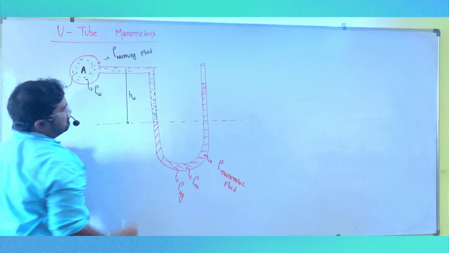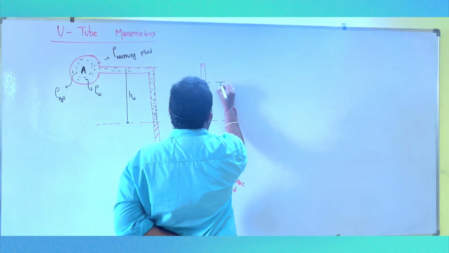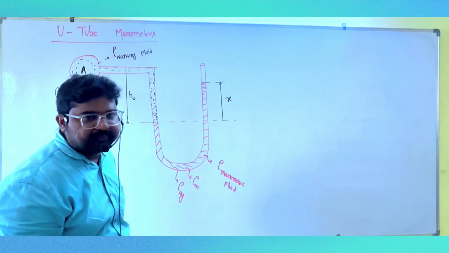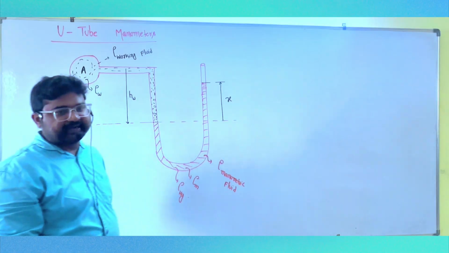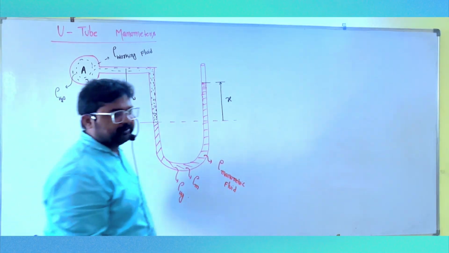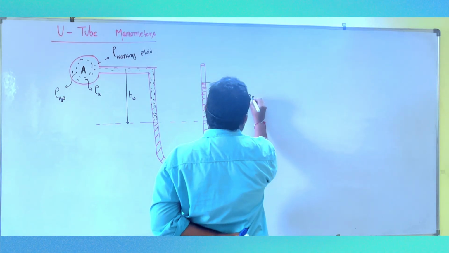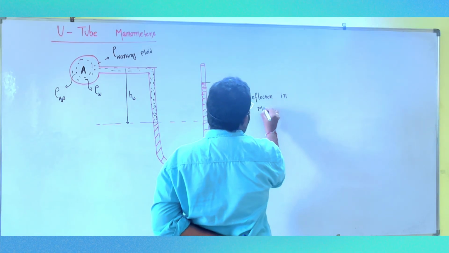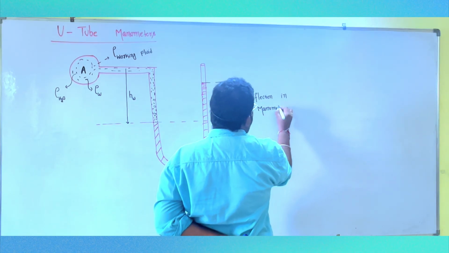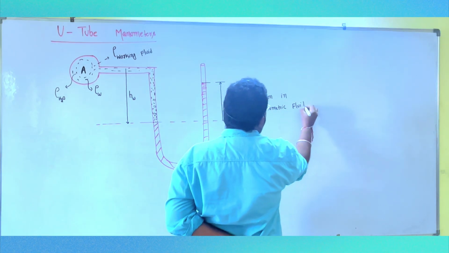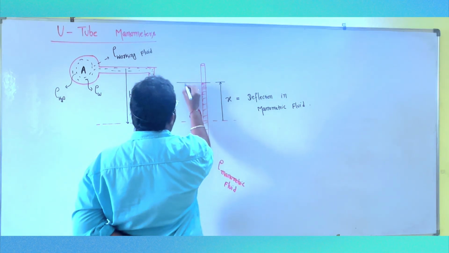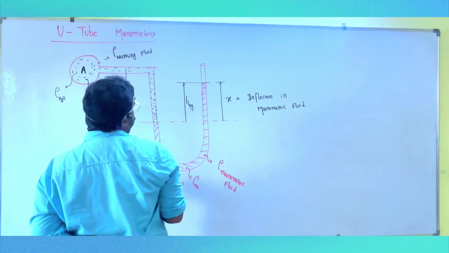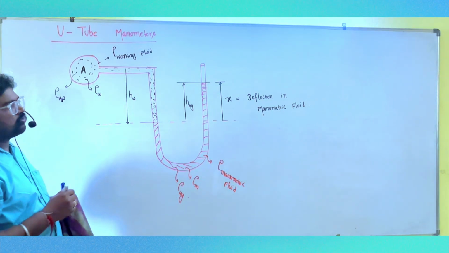This is the height of the mercury column, or the deflection in the manometric fluid. Here the working fluid is water.